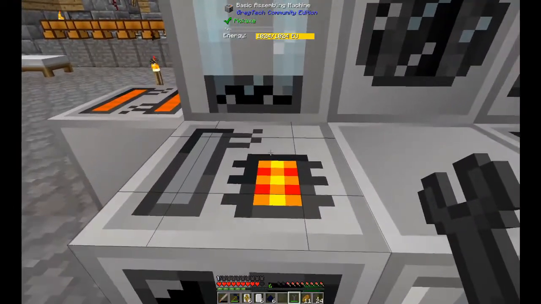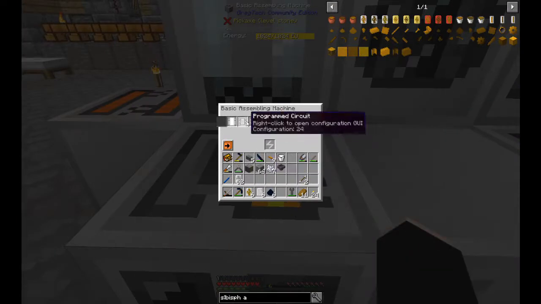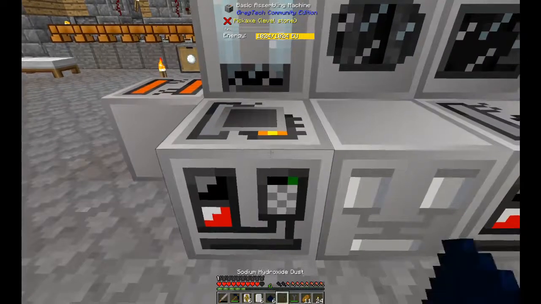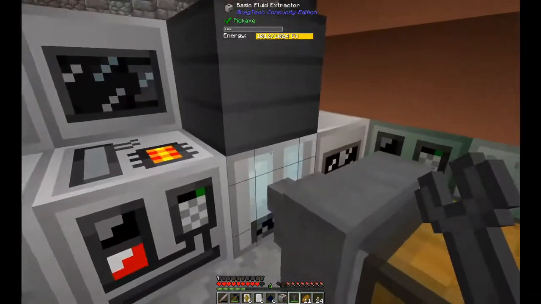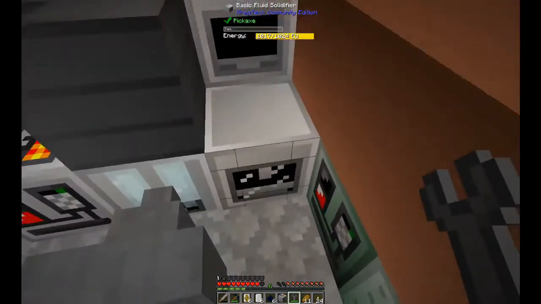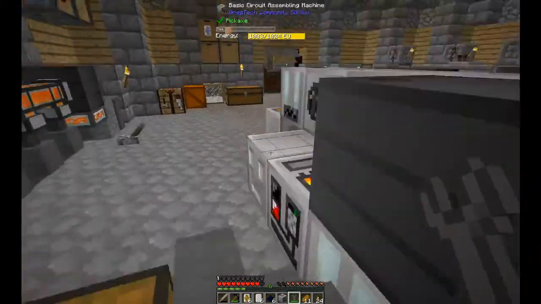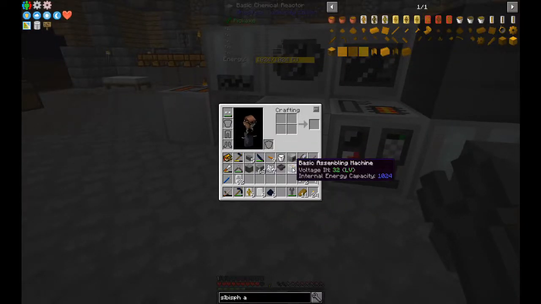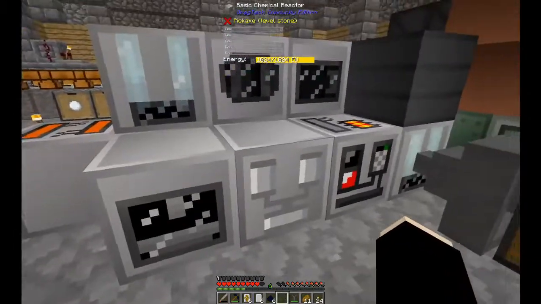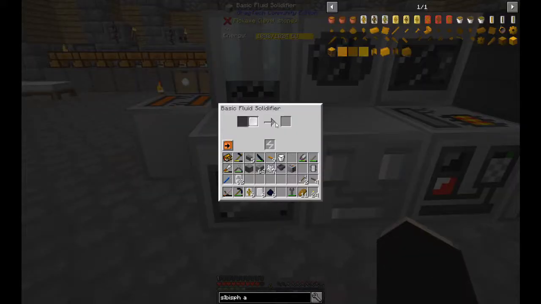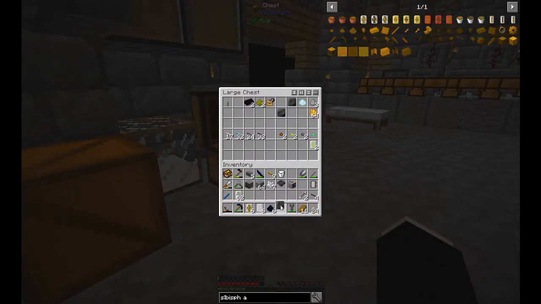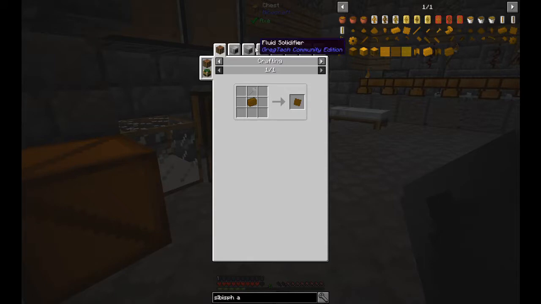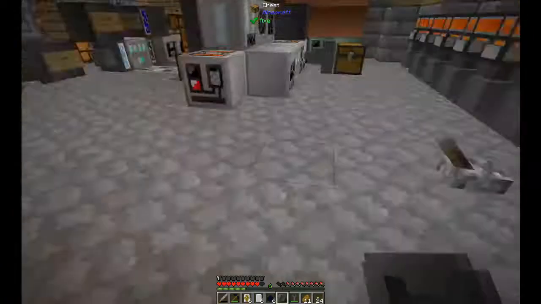I'm gonna remove this, and I'm gonna need the fluid solidifier, which is over here, so that my epoxy resin from here can be pushed into my fluid solidifier, in which I can drop the plate mold, because that's what we want, right? Yes, plate molds.